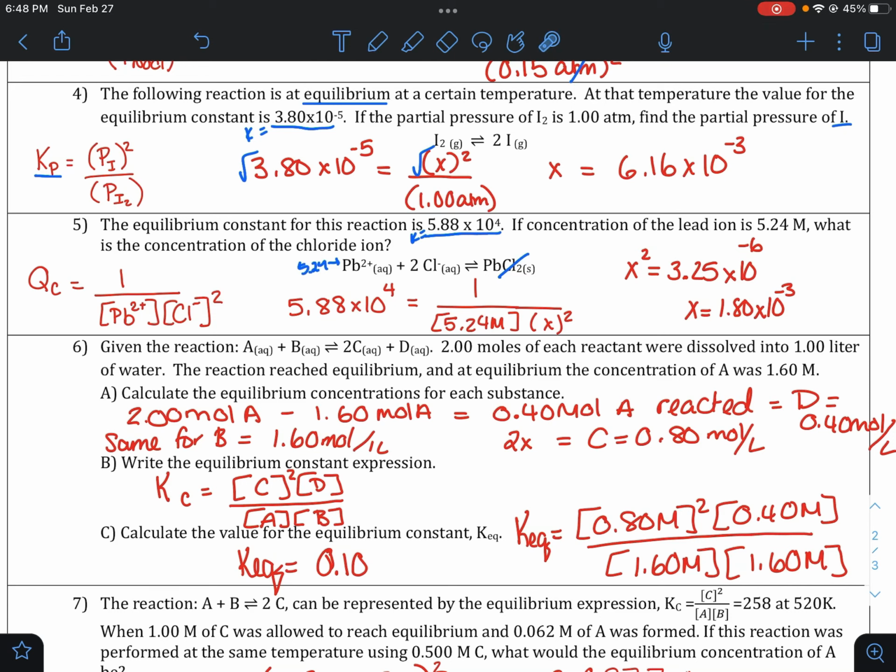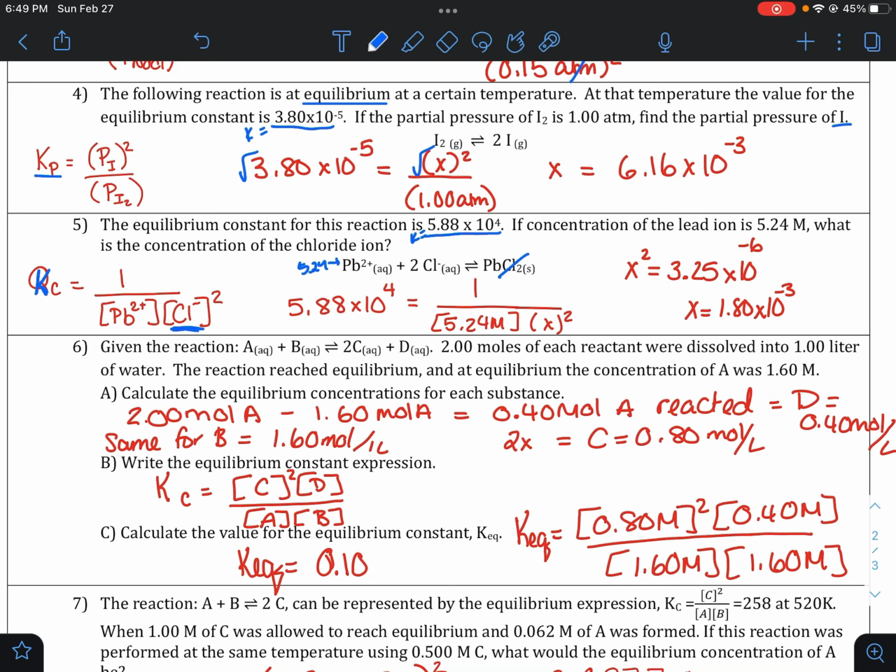Okay, so we rewrite our Q expression, okay, or, apologies, this should be a K, because it says equilibrium constant. Okay, so that should be a K. All right, but at the end of the day here, we're trying to solve for the concentration of chloride. Okay, so we are trying to solve for that one right there.